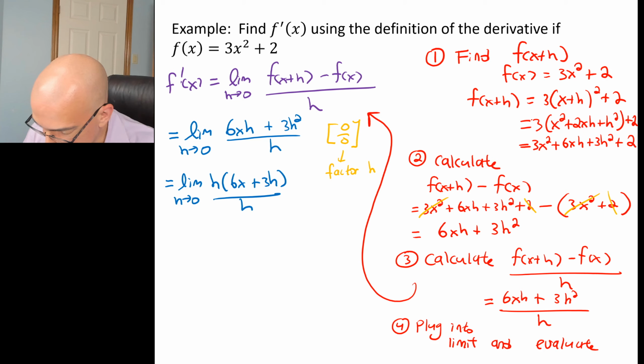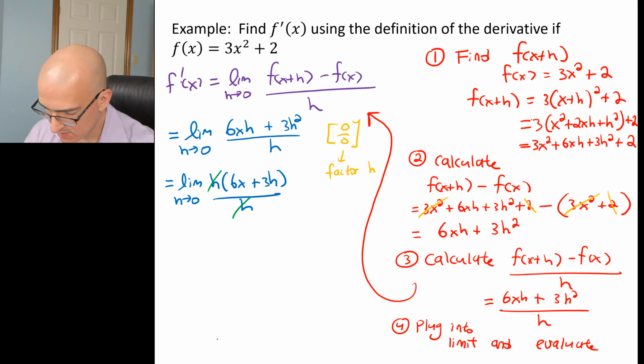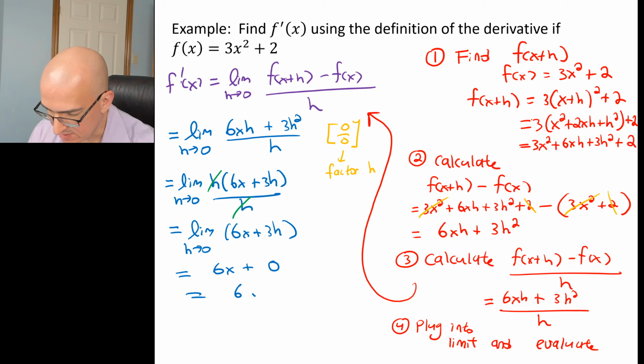That gets rid of my 0 over 0 problem. I'm not breaking any math rules. I'm not dividing by 0 because this is taking a limit as h approaches 0, which is almost plugging in 0 for h, not exactly plugging it in. So I get the limit as h approaches 0 of 6x plus 3h. So that's going to be 6x plus 3 times 0, which is just 6x.